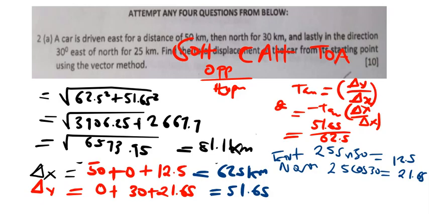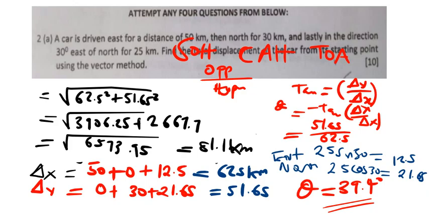Okay, the answer, and the arctan of that, I'm finding my angle in this case as 39.4 degrees. So basically this is what I have in the north of eastern direction.